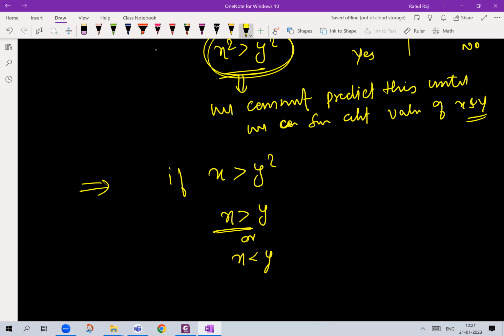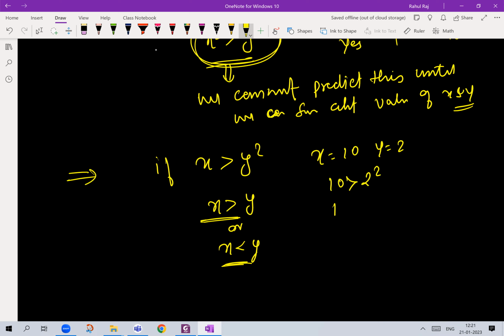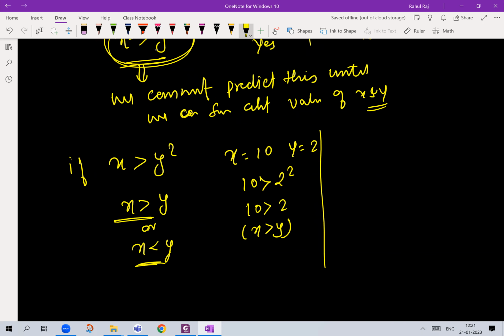So let's see over here. If x is greater than y square, then x is greater than y, or x is less than y. Check here. If I take x equal to 10, y equal to 2, can I say 10 is greater than 2 square? And 10 is greater than 2 as well, that is x is greater than y. Imagine I take x equal to 1 by 3 and y equal to half. Can I say 1 by 3 is greater than half square?